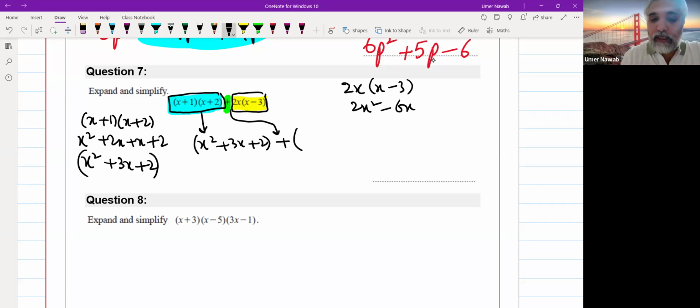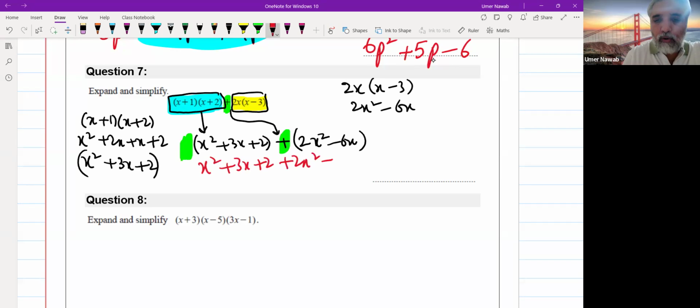It's better to make a routine that whenever you expand the brackets and you are having two expansions in the same expression, it's better to keep the brackets on. So 2x squared minus 6x. Now I'm removing the brackets and the good thing is outside the bracket we have a plus sign. So leave the expressions as they are. Don't change their signs. Wow.